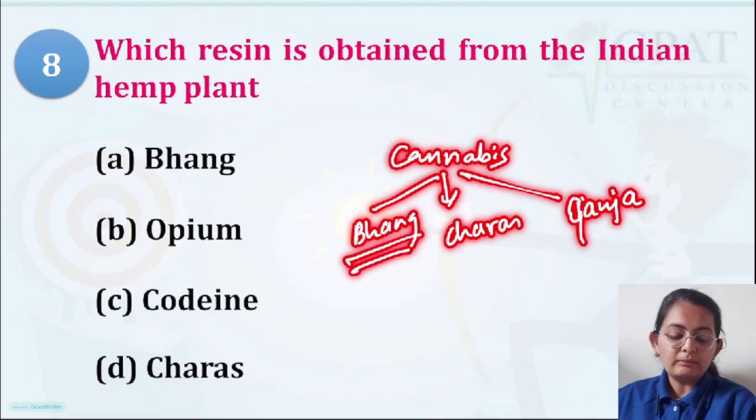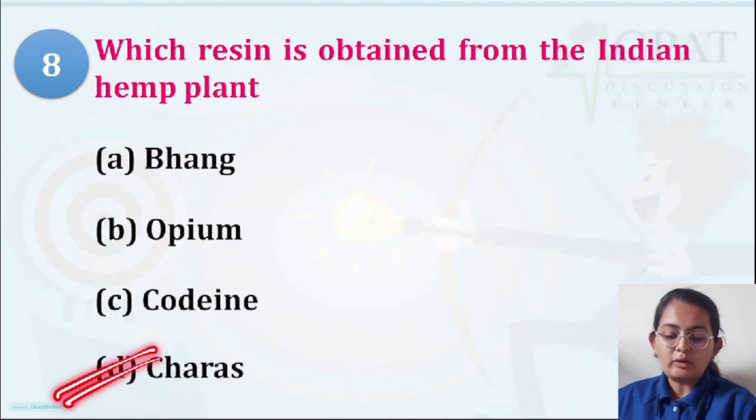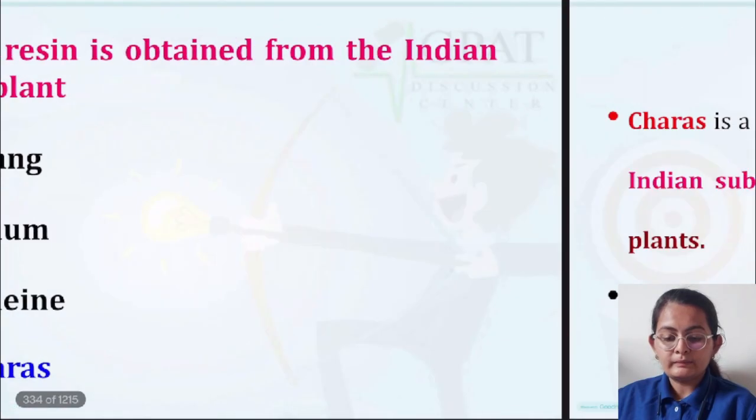You can see there is no R in bhang and no R in ganja, but only charas has an R in it. So you can remember very well it is about the resinous part. So option D will be our correct answer.